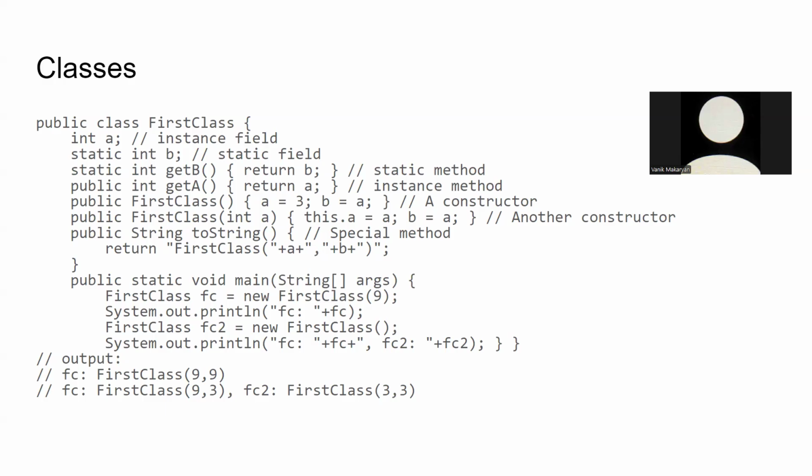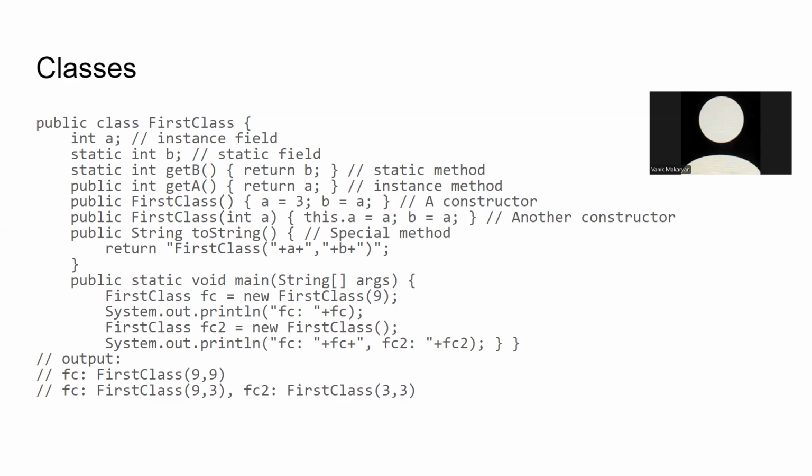Now, I told you about the keyword this. In this case, I sort of created a bit of confusion for myself, because I have an instance field named A, and I have an argument named A. These have the same name. So how do I distinguish them?